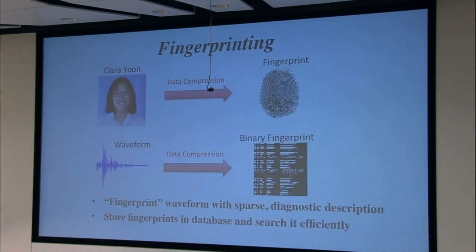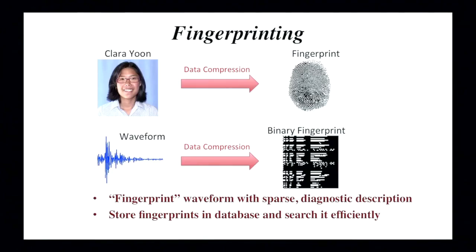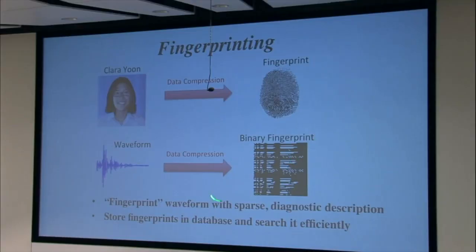So this is Clara Yoon. This project is sort of the core of her thesis. That's a fingerprint. It's not really hers, it's nominally hers. But the idea is that we're going to take windowed waveforms, continuously through time, and take those wiggles and come up with a compact representation of them, a binary representation that maps back to the waveform.